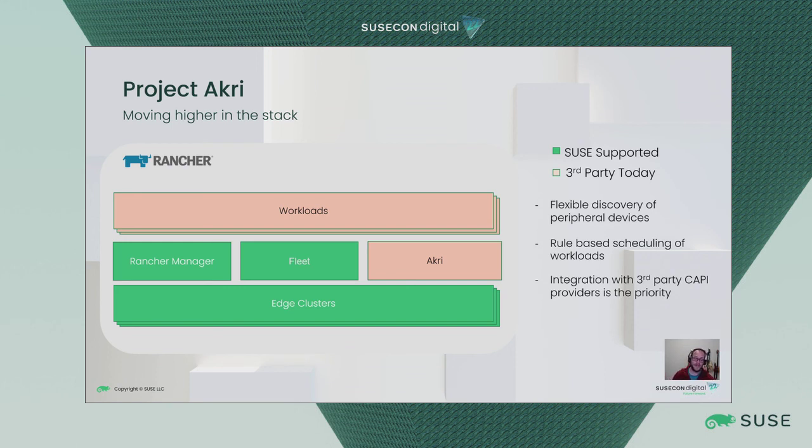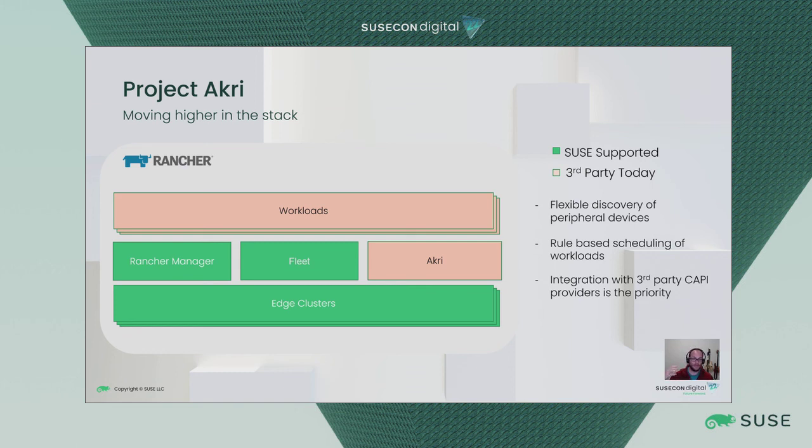But yeah, so basically, Acri gives us the ability to give a very descriptive way to approach where you might not have a very heterogeneous environment across all of your different clusters. So it allows us to be very flexible with what's actually there.